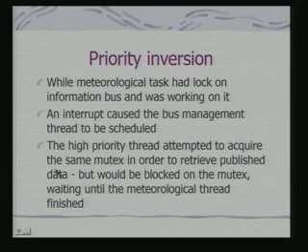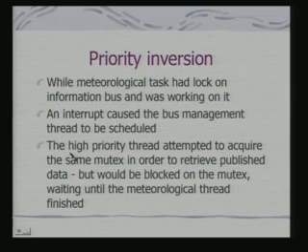Now, there is a priority inversion. Why? While the meteorological task had a lock on the information bus and was working on it, an interrupt caused the bus management thread to be scheduled, and the bus management thread is of higher priority.